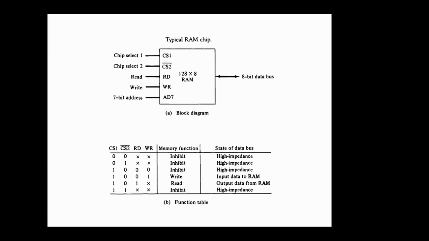Okay, how many bits do we need to address 128 lines? We have to calculate this. In binary we study that if we have to name two things, we need 1 bit.